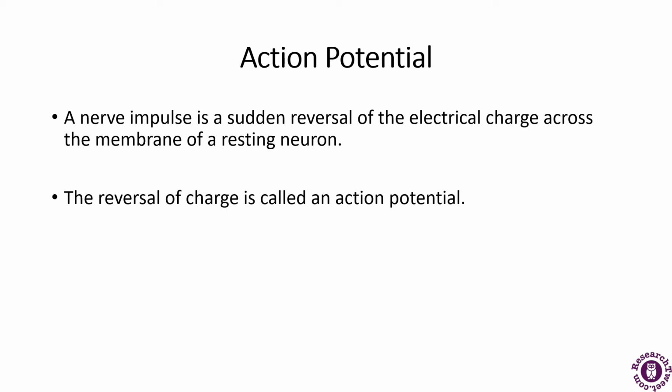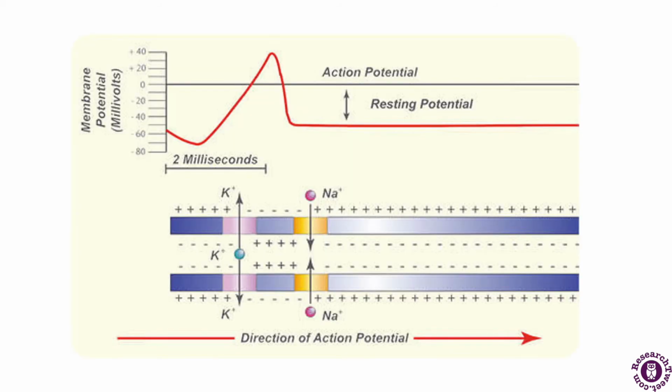There is a graph depicting the action potential, the resting potential, and time. Whenever there is a change in the membrane potential, the cell becomes depolarized. An action potential works on an all or nothing basis. The membrane potential must reach a certain level of depolarization, called the threshold.